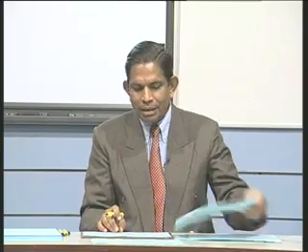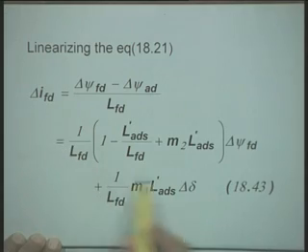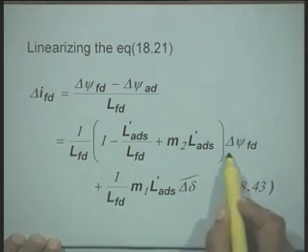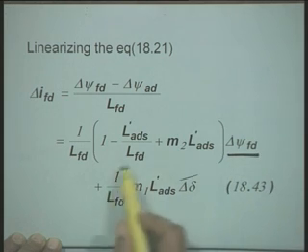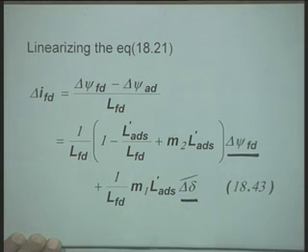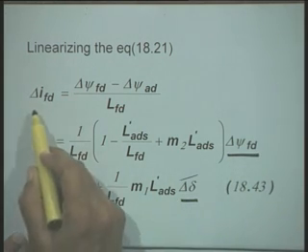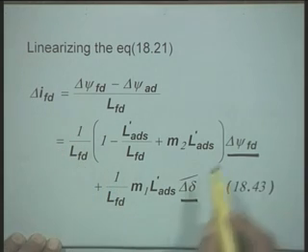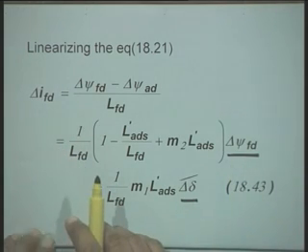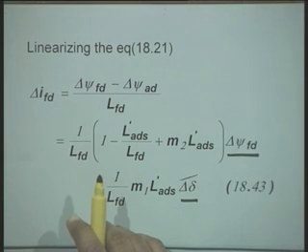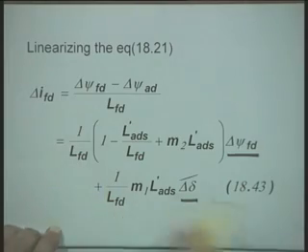The expression comes out as delta IFD equal to this coefficient into delta psi FD and this term into delta delta. That is, the incremental change in field current is expressed in terms of the state variables. Incremental changes in the intermediate variables, that is psi AD and psi AQ, are expressed in terms of the state variables, because psi AD and psi AQ have to be ultimately eliminated.